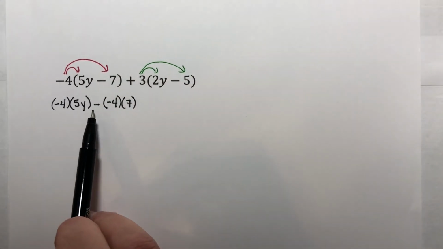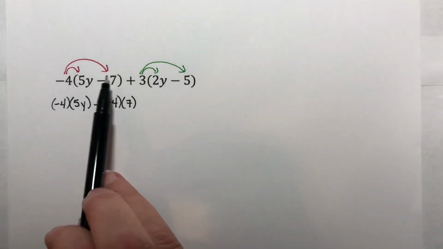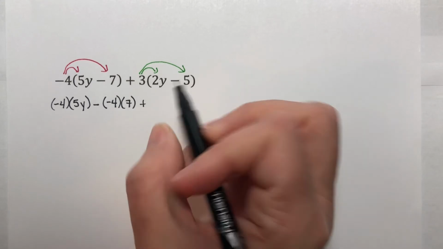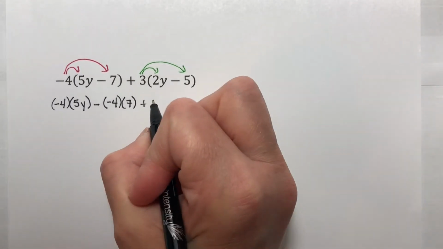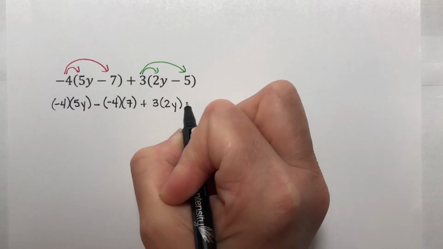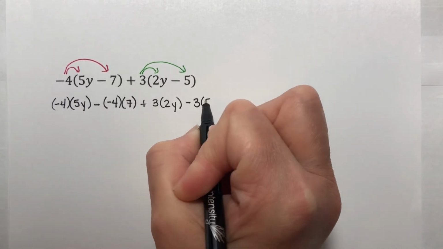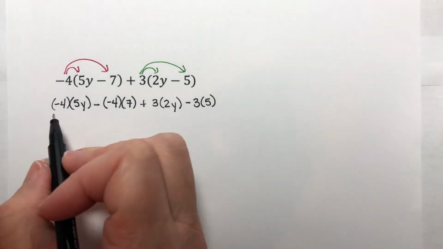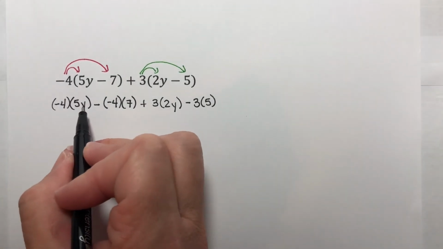So that's this times this. That minus sign is here. Negative 4 times 7 is here. Plus, that's this plus sign right here. 3 times 2y minus 3 times 5. Okay. Negative 4 times 5y.